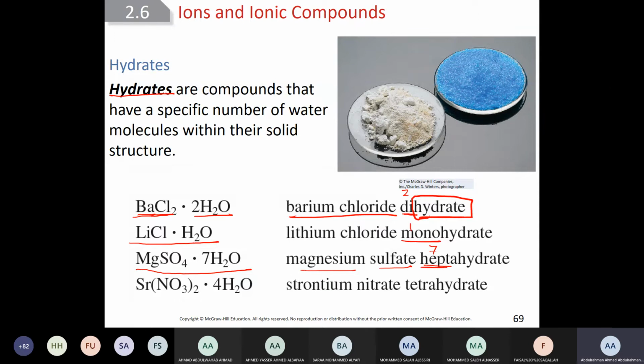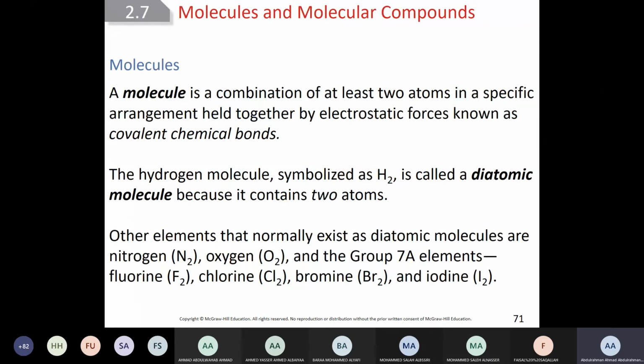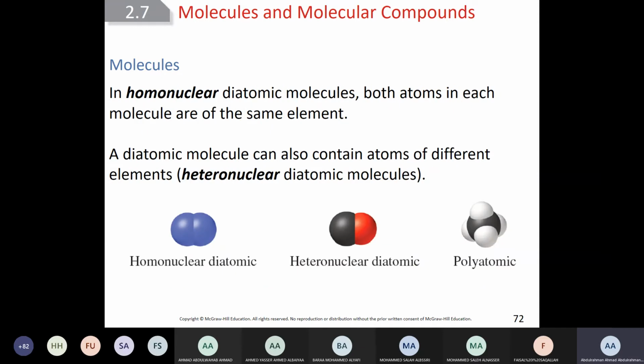Mono means 1. All right. Heptahydrate. What's the name of this compound? Strontium nitrate, and then tetra. Tetra means 4. Hydrate. The water, we always call it what? What's the name of the water? Hydrate. Good.